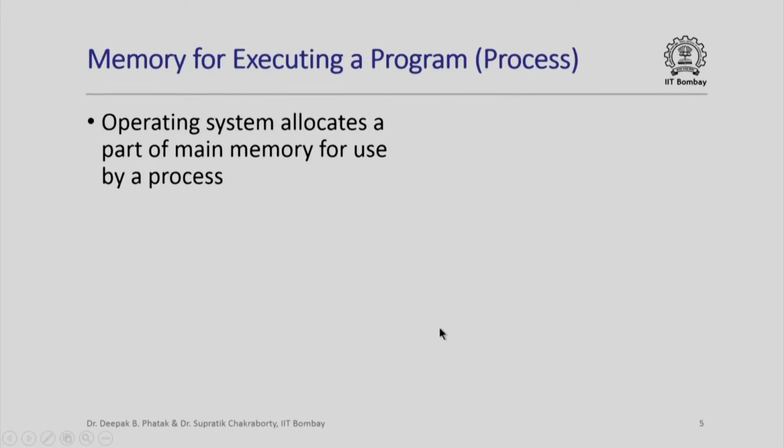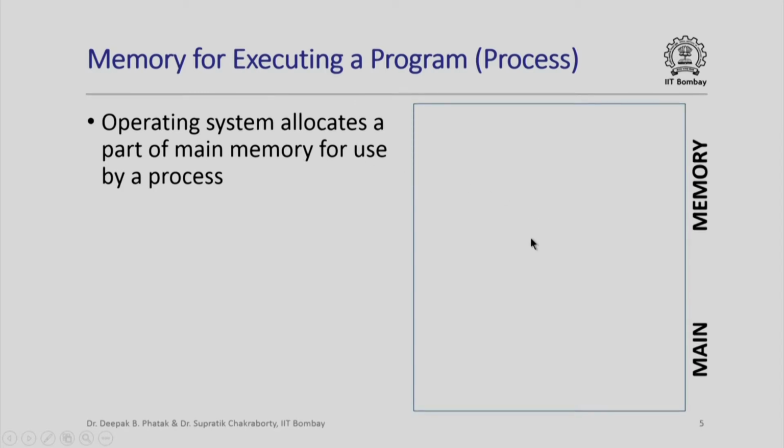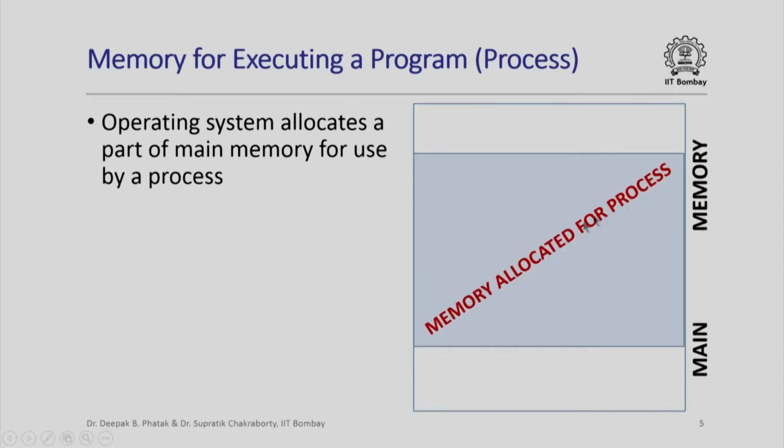and the content of that memory location is all zeros. If you also recall from our earlier lectures, when a program executes, or in other words when a process runs, the operating system allocates a part of main memory for use by the process. So if this is the main memory, the operating system might have allocated this part of it for use by the process.